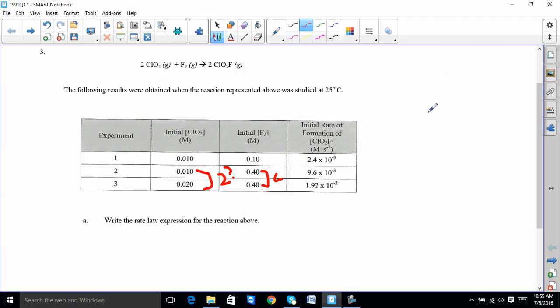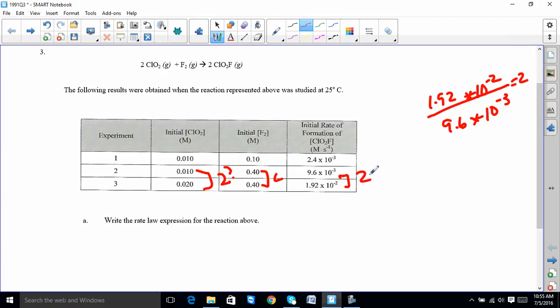If I do 1.92 times 10 to the second, which is a bigger number than 9.6 times 10 to the negative 3. So remember, I always do the later trial divided by the earlier trial. This is approximately 2.